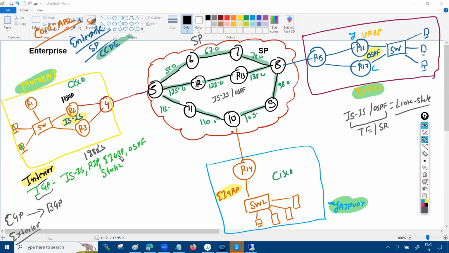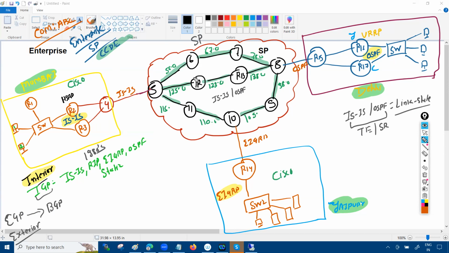Try to understand what happens. If I use the OSPF protocol between R4 and R5, or maybe the IS-IS protocol, take an example of IS-IS right now. Or between this one, I run the OSPF protocol, and between this one, I run the EBGP protocol. What happens if I run any IGP protocol between the companies and the service provider?